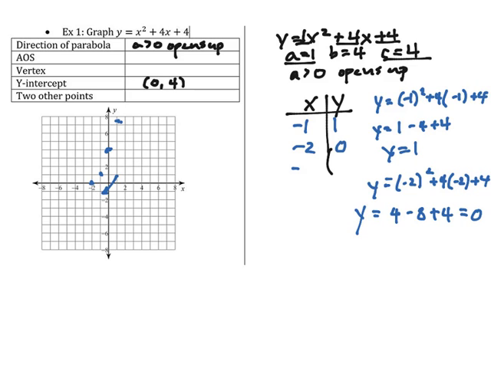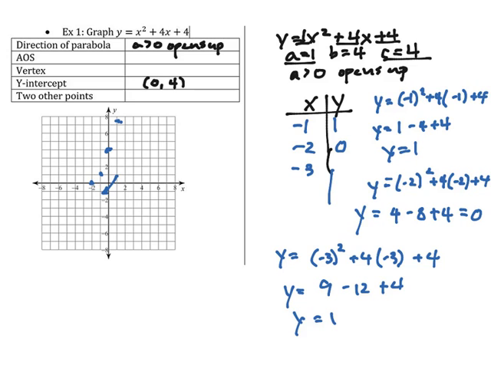I'm going to go ahead and do negative 3. y equals negative 3 squared plus 4 times negative 3 plus 4. y equals 9 minus 12 plus 4. y equals 13 minus 12 equals 1. Negative 3, 1.